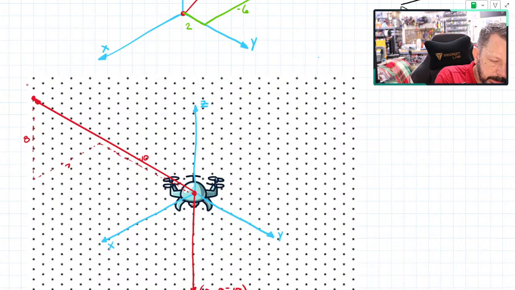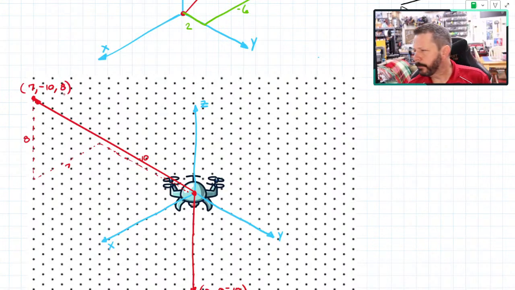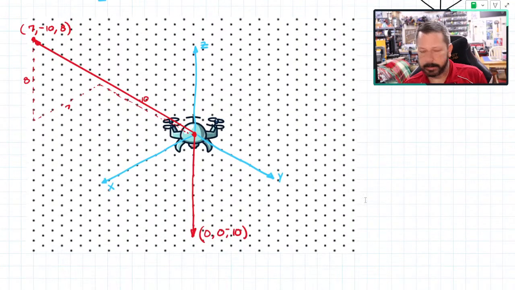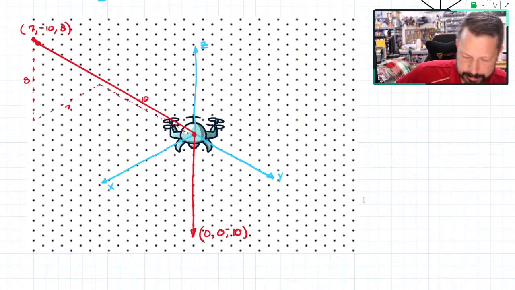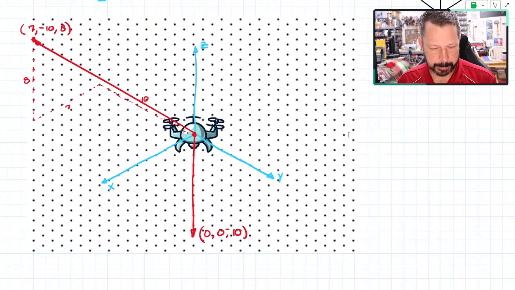So its actual X, Y, and Z coordinates are X of 7, Y of -10, and Z of 8. Oh, scroll up a little. Let me fix that. There's nothing down there but a -10, but there it is. And then we'll move the dots in a minute to make it a little clearer.